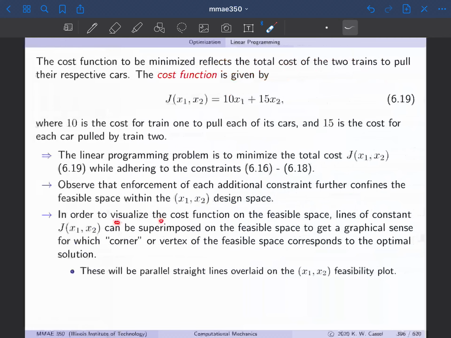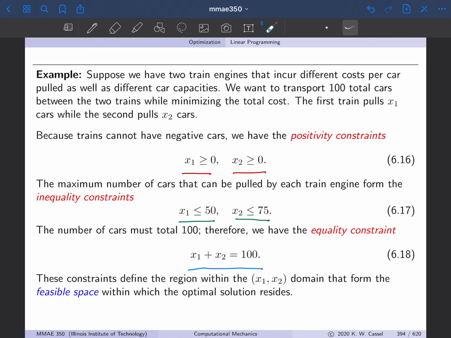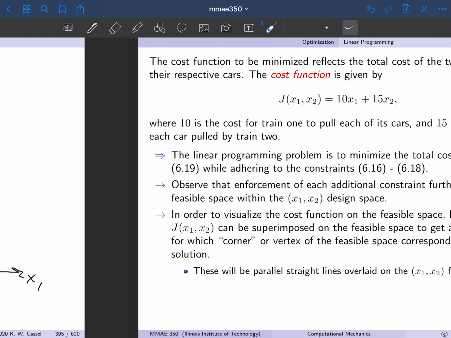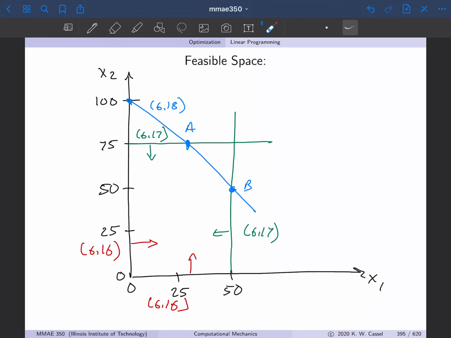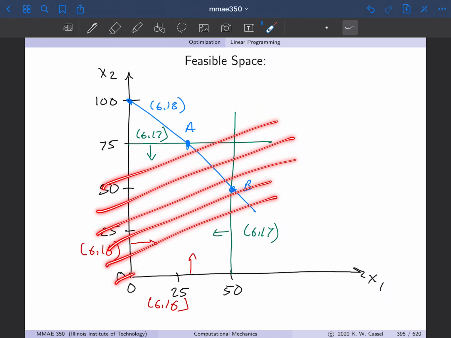Now, in order to visualize the cost function on the feasible space, you could draw lines of constant J. So this is just a line in the x1, x2 space, just as this was a line in the x1, x2 space. So we could draw lines of constant J. And if we did that, this is not correct, but if we did that, those would just be parallel lines on the feasible space.